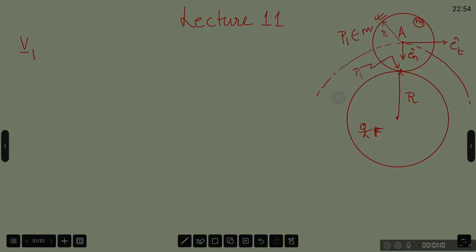In the last class, we found that the velocity of point P1 with respect to F must be 0, since the smaller cylinder is rolling without slipping on body F. So no slipping gives us this relationship.